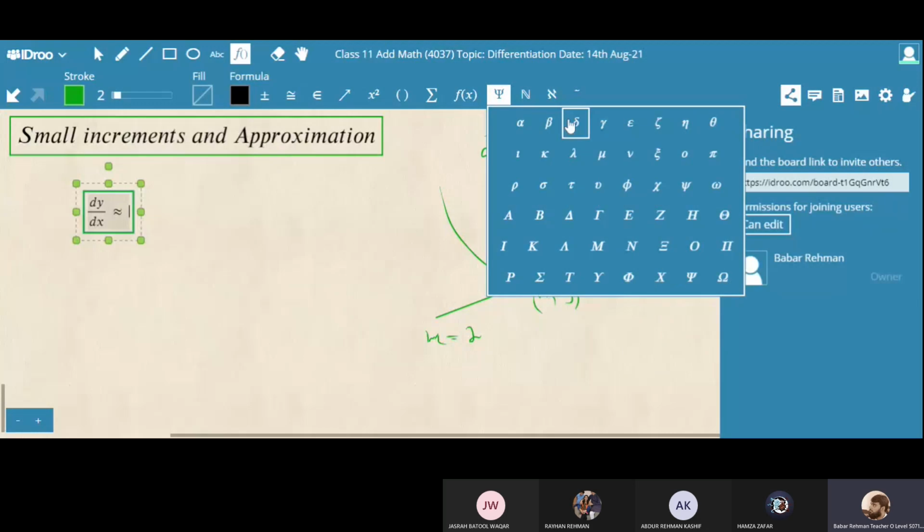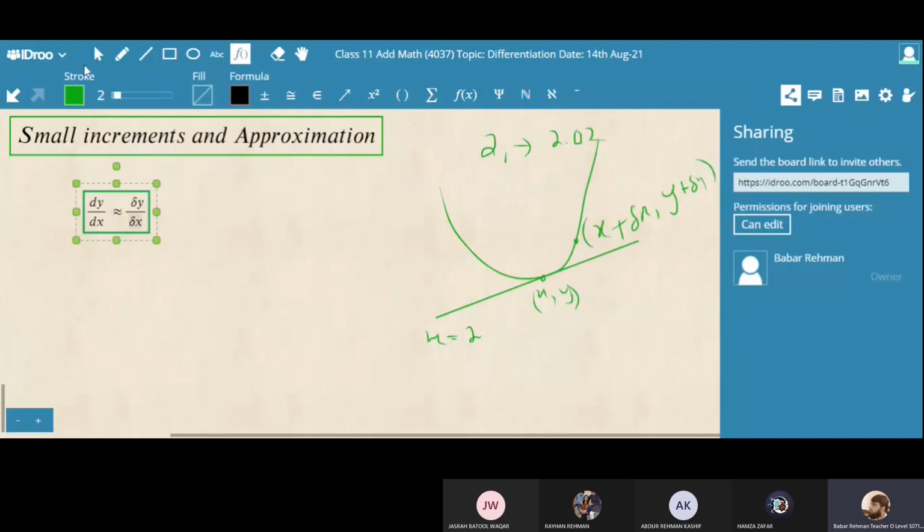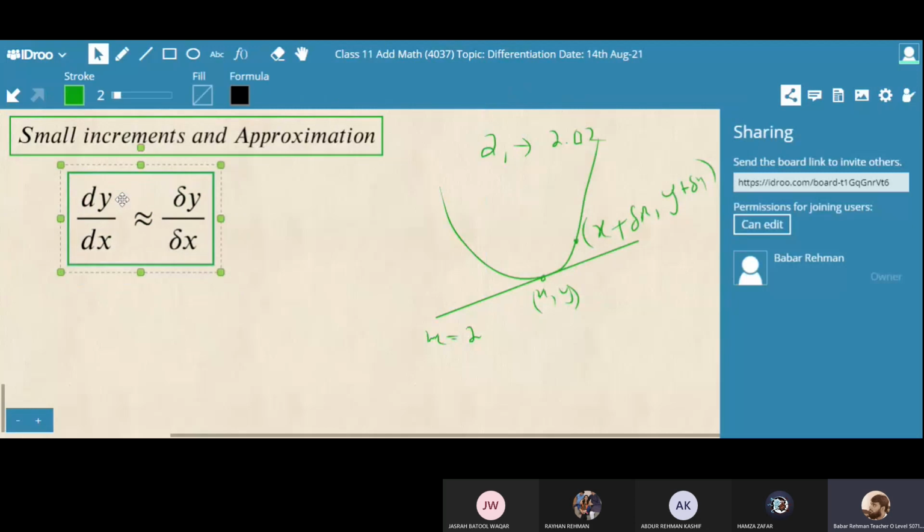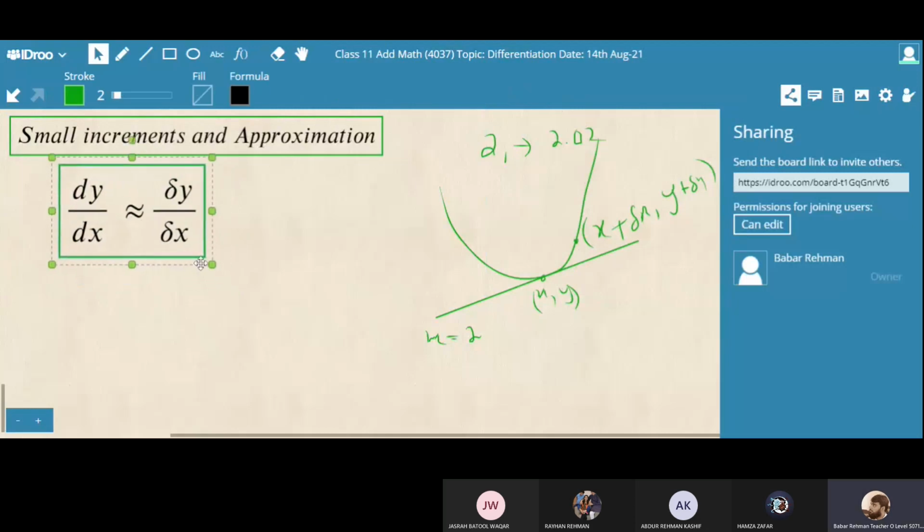Look at this, this is delta y over delta x. Students, this formula will be used now, because the derivative is not equal but approximately equal to the small change ratio. Like the derivative was 2, now the derivative is 2.001. So we will apply this formula.